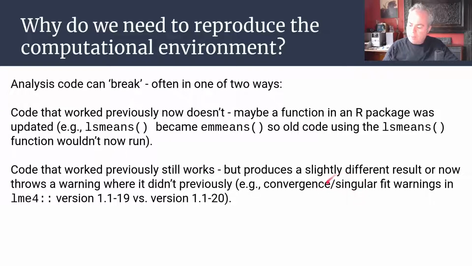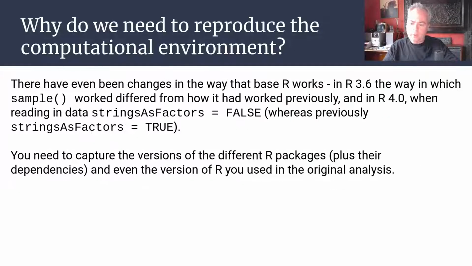These have always been there, but they were suddenly made explicit in version 1.1-20. And that caused a little bit of confusion when I was teaching the session, because suddenly the students were finding errors coming up when they built their mixed models that hadn't come up when I demonstrated those models to them. And that's all because of a difference between the versions of lme4.